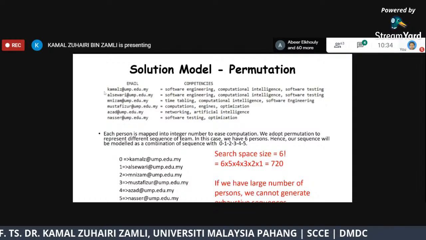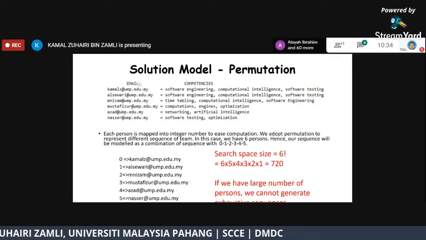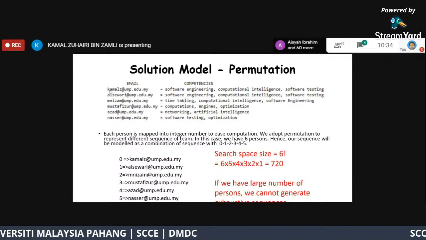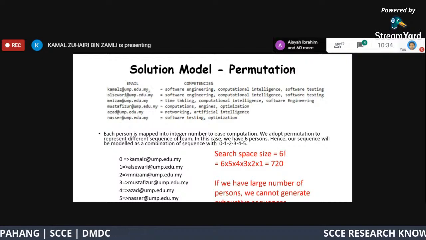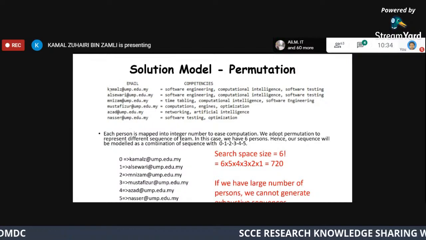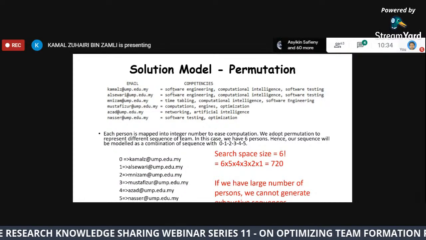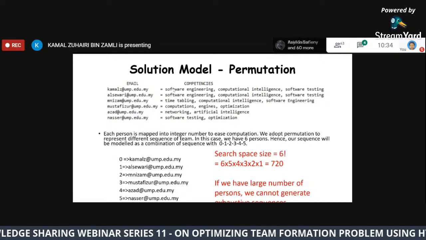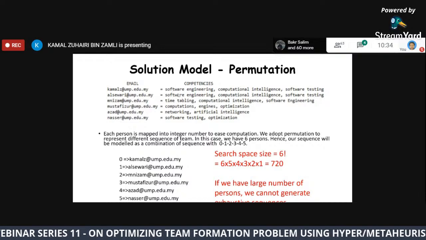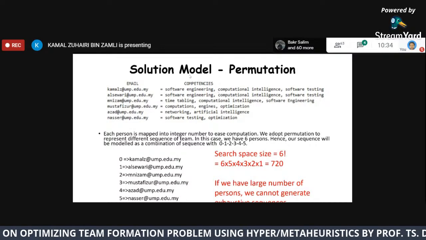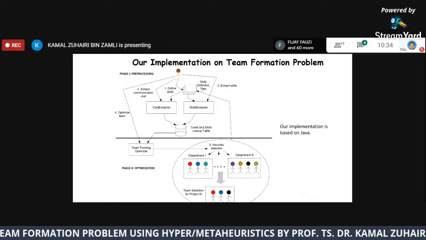You can give different names. For example, we have a file or a database of a person identified using email. You can identify the person using email, name, IC number, passport number, whatever. And then you have to define the competency that he has. Maybe he defined himself the competency that he has. And then you have to build this. This is what we call the skill definition file.